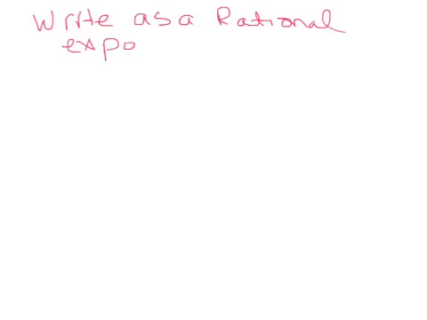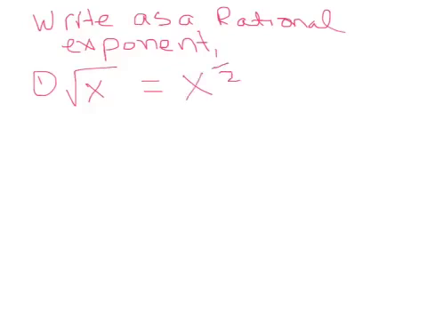So, examples of writing as a rational exponent. If I have this, it's going to equal x to the 1/2, because as you remember, if there's no index written, then that means it's a square root, which means my index is 2.